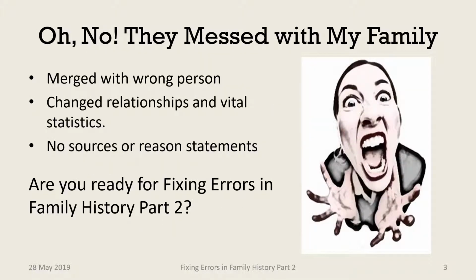Remember, in part 1 we asked you, have you ever looked on FamilySearch Family Tree and saw that someone has been messing with your ancestors by merging them with the wrong people, changing relationships and vital statistics with no sources or reason statements to explain why they made the change?